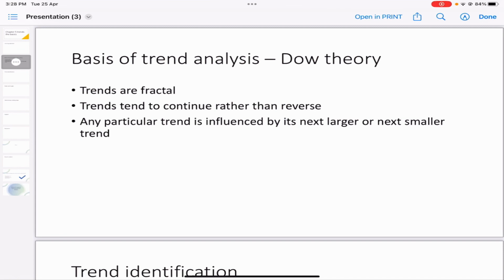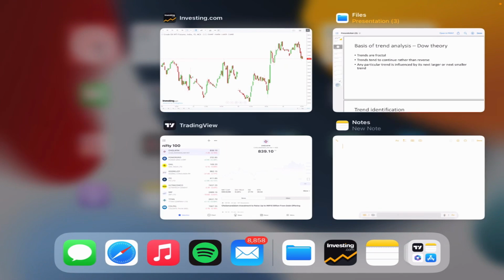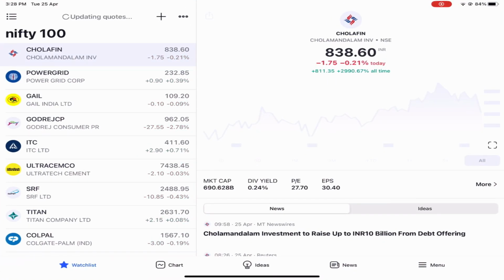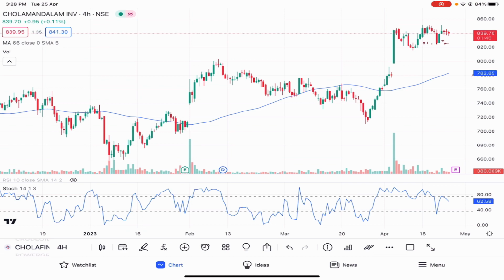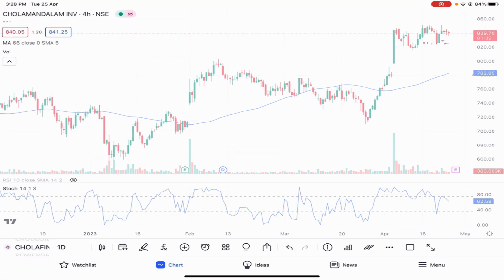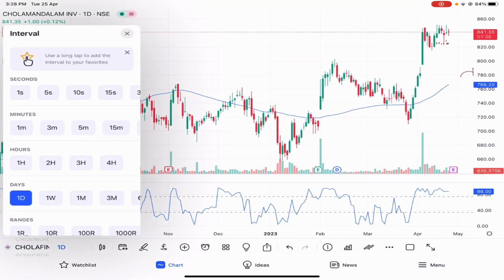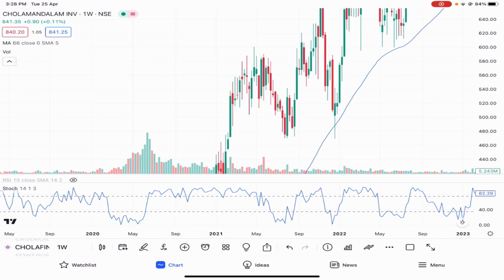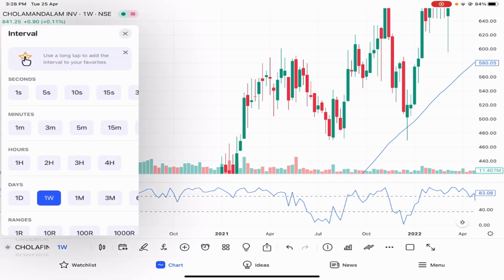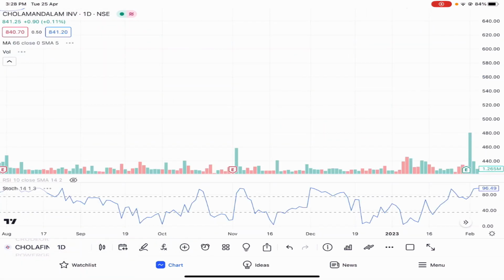So when we see a chart, let's go to my TradingView. Let's look at my chart. Look at this. If we go on a daily time frame, or let's say a weekly time frame. No, let me just go on a daily time frame.